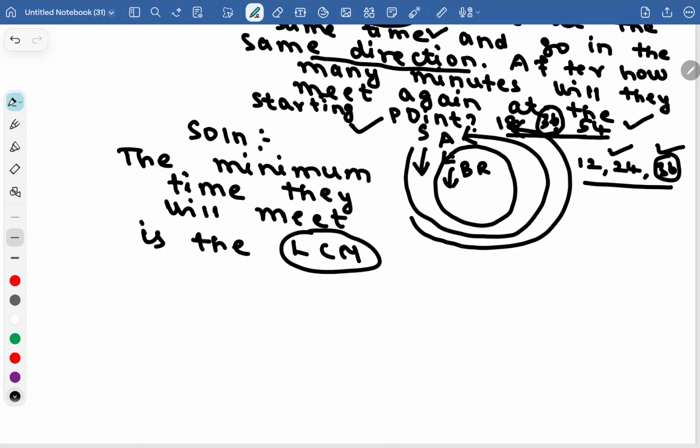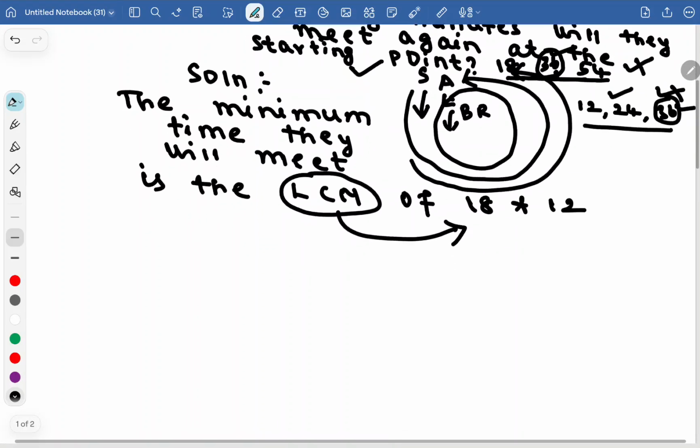Because for Sonia, multiples of 18, for Ravi, multiples of 12. I am taking a common value here, 36, here also 36. The least common multiple of which numbers? 18 and 12. I am going to find the LCM of 18 and 12 for the problem, which will give the minimum minutes they meet again at the starting point.